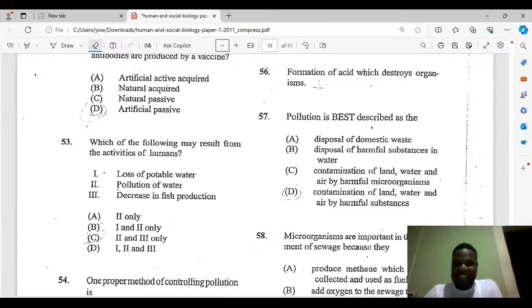So it would be D. It's about harmful substances like chemicals and oil spills. Sashana said it would be D, as pollution is about harmful substances.